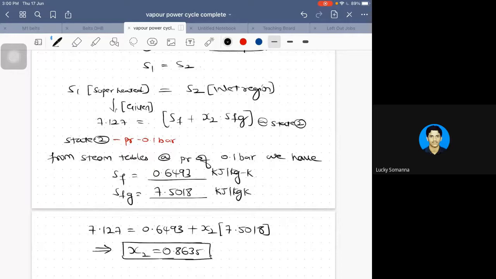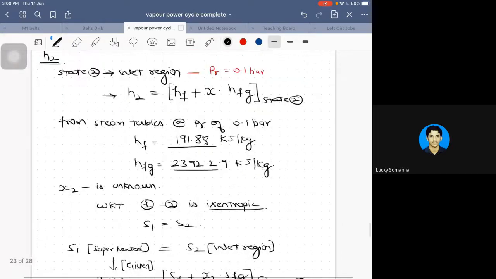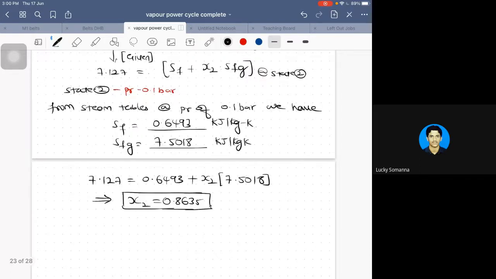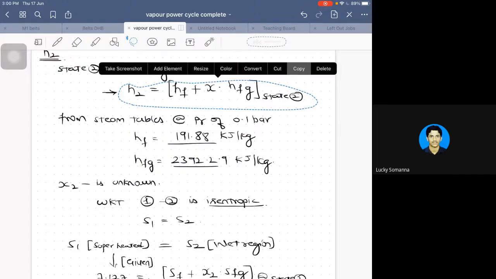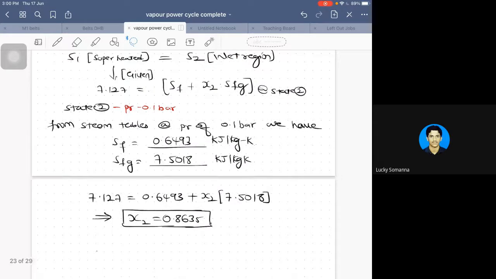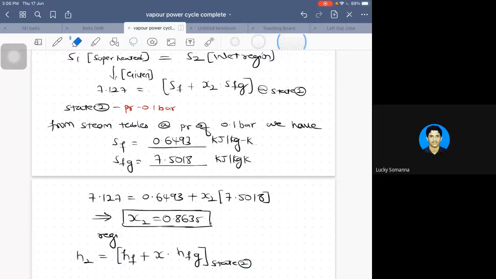Now, since the value of x2 is known, pick that particular value in order to calculate the value of h2. So for h2, I would pick this equation to substitute all the values which I have calculated.